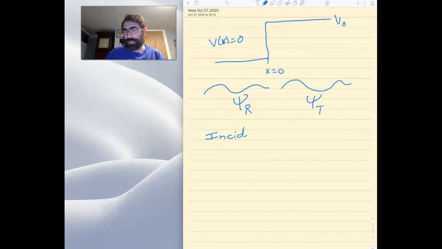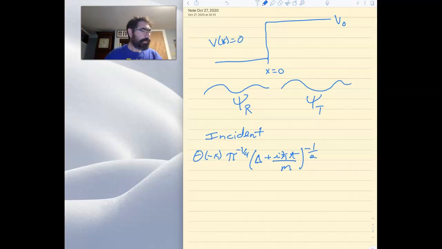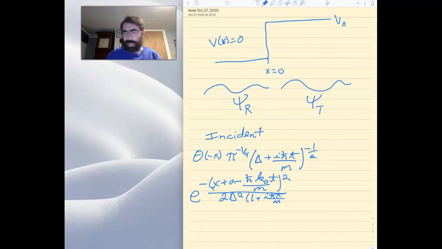For the incident case, its wave function was the step function in the minus x region, pi to the minus 1/4 power, the width of it plus i h bar t over m to the minus 1/2 power, times e to the minus x plus a minus h bar k0 t over m squared over the width, which is 2 delta squared times 1 plus i h bar t over m delta squared, times the momentum part, which is e to the i k0 x plus a minus h bar k0 t over 2m.